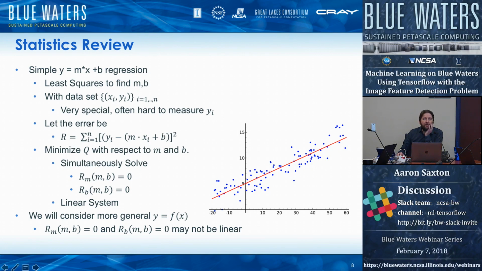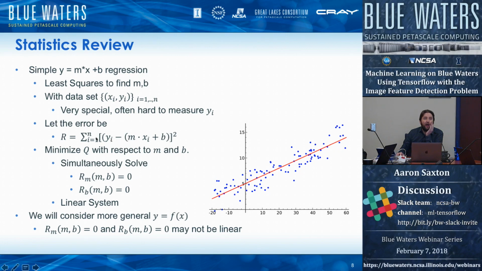The starting point for least squares is computing the error between some yet-to-be-found mx plus b and your actual output data. So for each one of your data points, your output data y sub i minus this mx plus b model, evaluated at the corresponding input, that's your error.